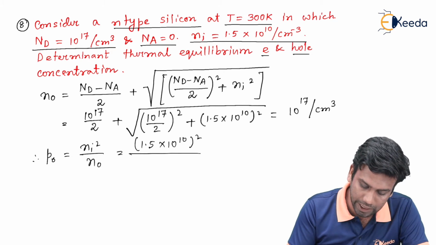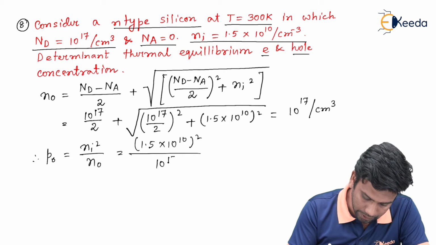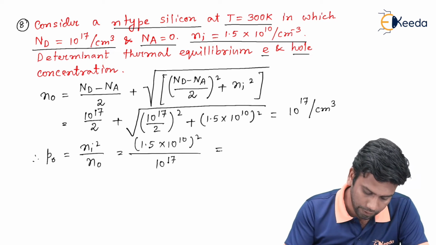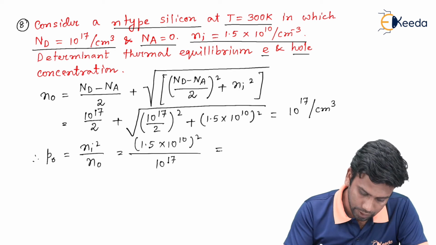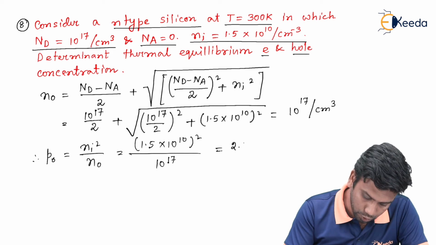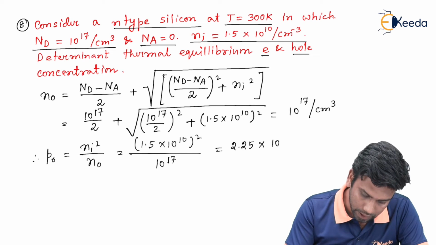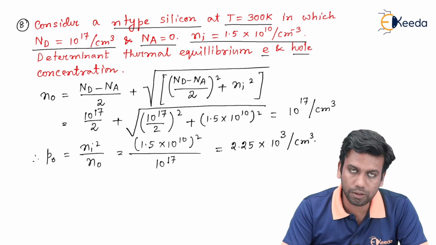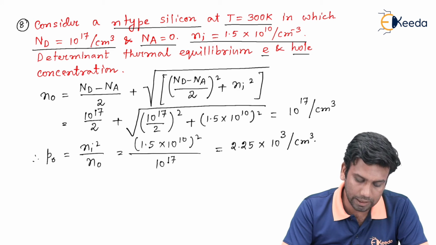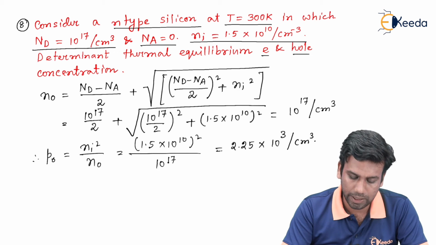The N0 value we have derived is 10 to the power 17, and from this equation we can find the value of P0, and it will come out as 2.25 into 10 to the power 3 per centimeter cube.